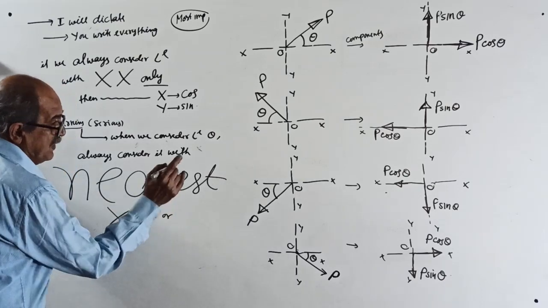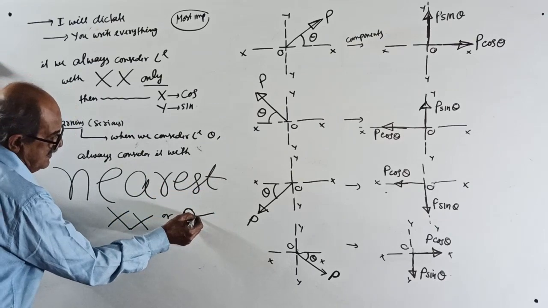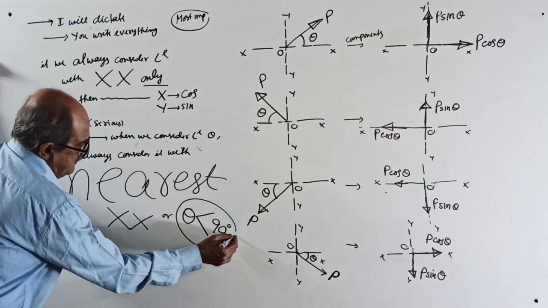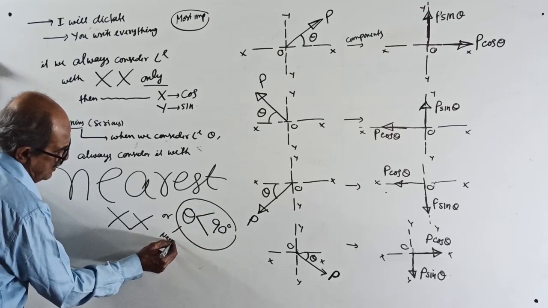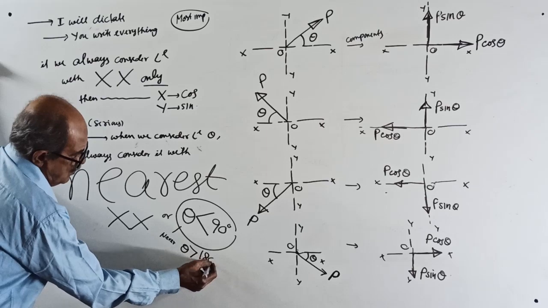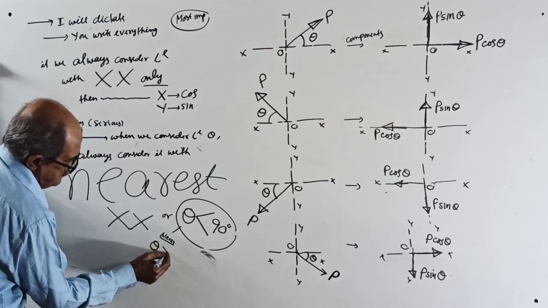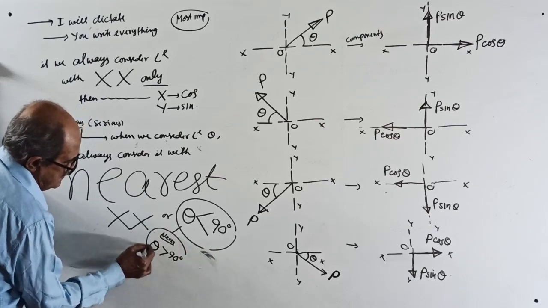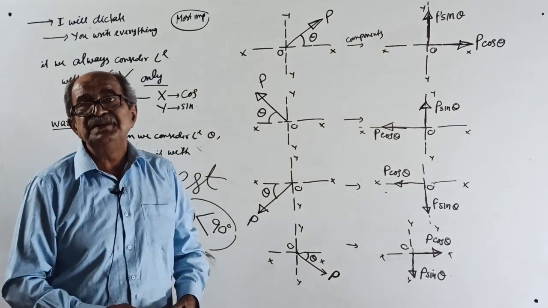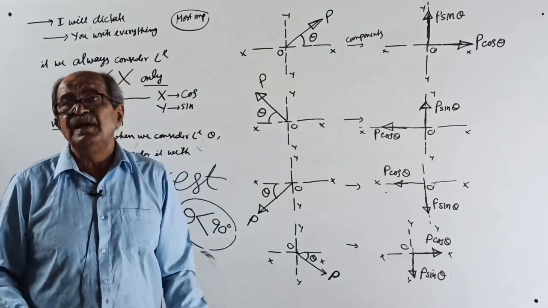In simple language, you see that your theta is always less than 90 degrees. Never and never consider theta which is more than 90 degrees. Never consider. Warning. If you consider it, what happens, I will tell you later in the class.